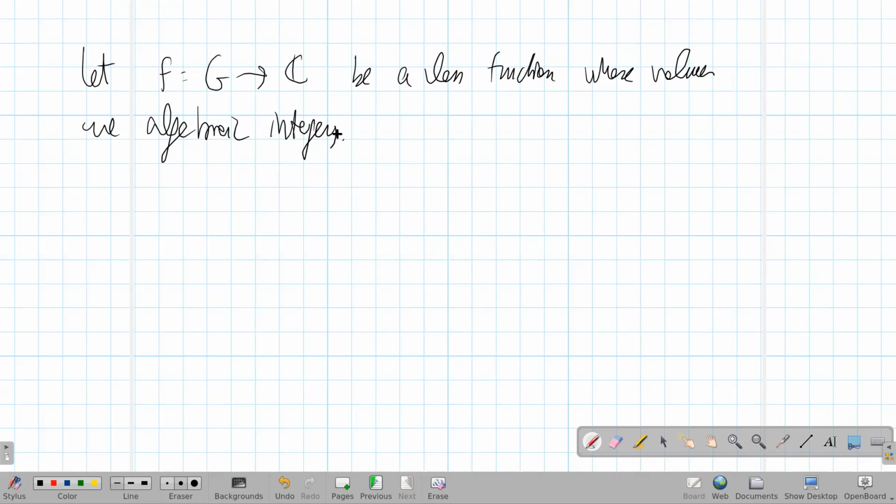Then, of course, each f(g) is an algebraic integer. Of course, this f(g) is in C, but you can see this as an algebraic integer as an element of C.